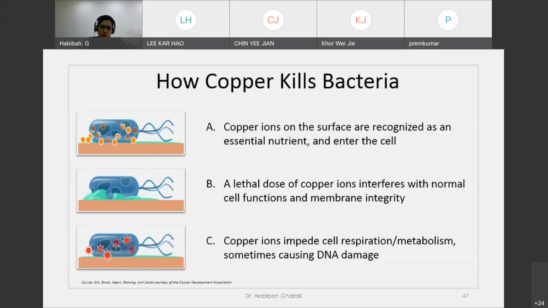So when a microbe transferred by touching, sneezing or even vomiting lands on the copper surface, this ion will prevent respiration, and it will also punch a hole in the bacteria cell's membrane, which will destroy the DNA and also the RNA inside that virus or bacteria. So that is another excellent property of copper alloy that I thought was interesting.